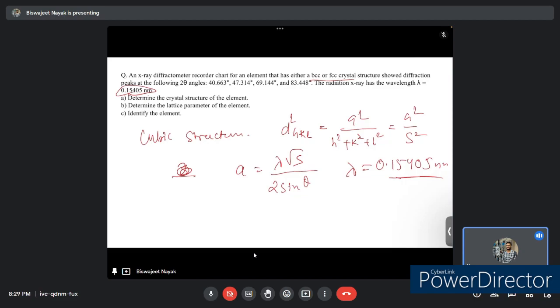So we have to do it for both of them, FCC as well as BCC, and check whether it is correct or not.